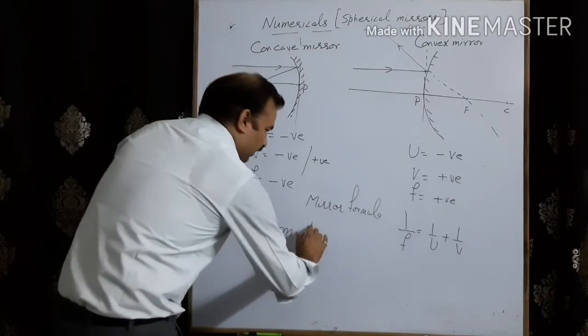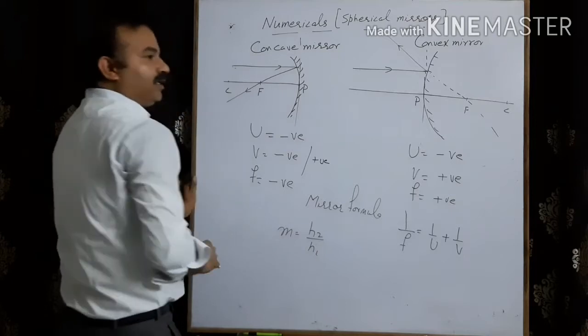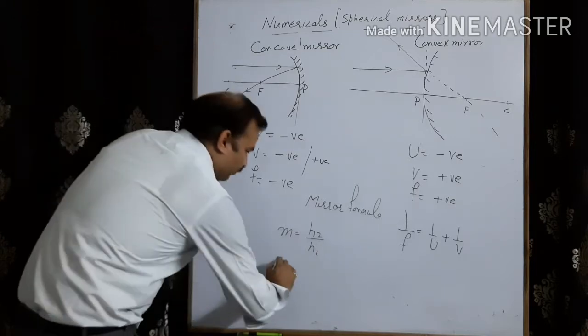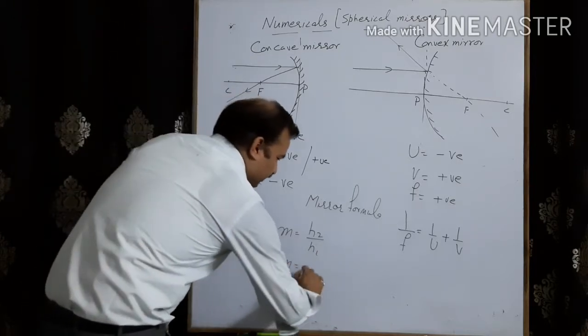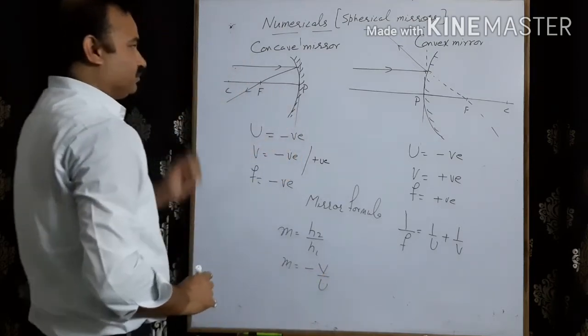Magnification is height of the image upon height of the object. There is one more formula for the magnification, that is minus V by U.